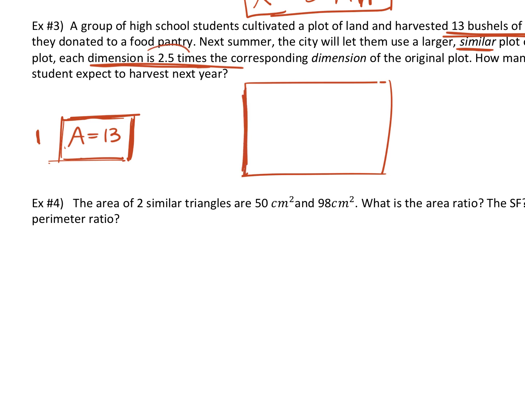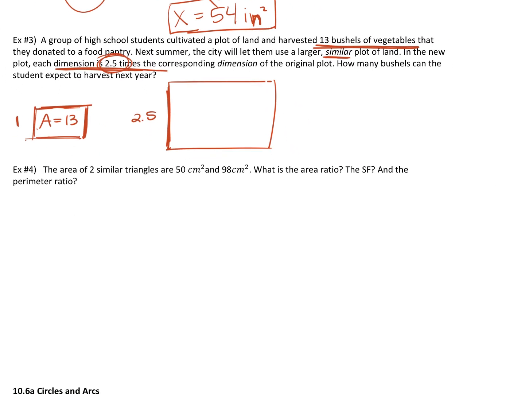If our dimensions are 2.5 times the corresponding. 2.5, right? Yeah, 2.5 times as big. So my scale factor right now for this problem is what to what? 1 to 2.5.